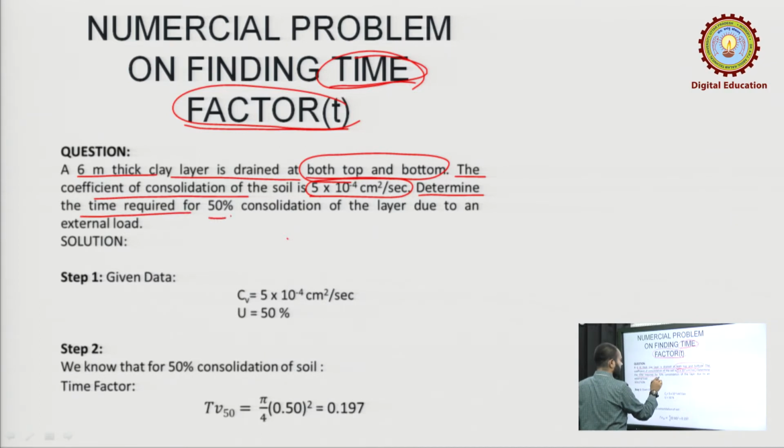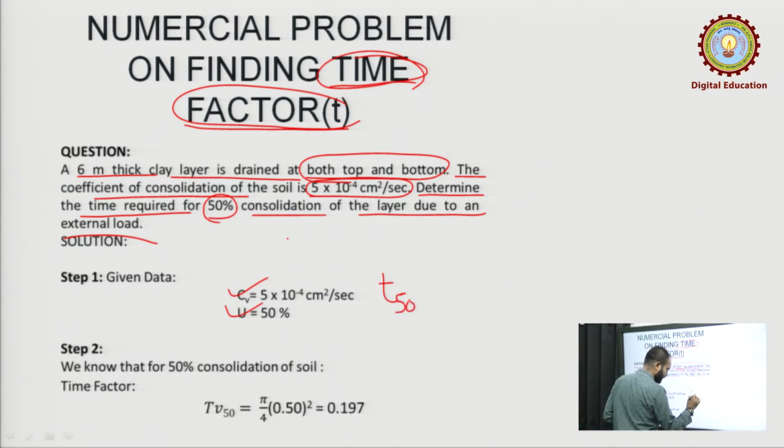Determine the time required for 50% consolidation of the layer due to an external load. So CV is given to us, U is given to us. Now what are we to find? Just we are to find T50%, means time required for 50% of the settlement to take place.